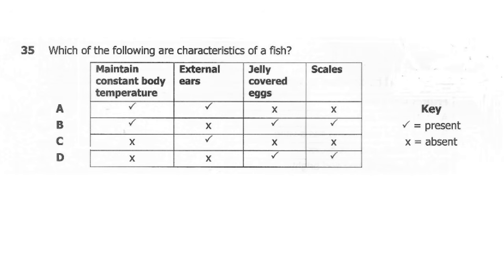Question 35. Which of the following are characteristics of a fish? A, maintaining of body temperature present, external ears present, jelly covered eggs absent, scales absent. B, maintaining body temperature present, external ears absent, jelly covered eggs present, scales present.